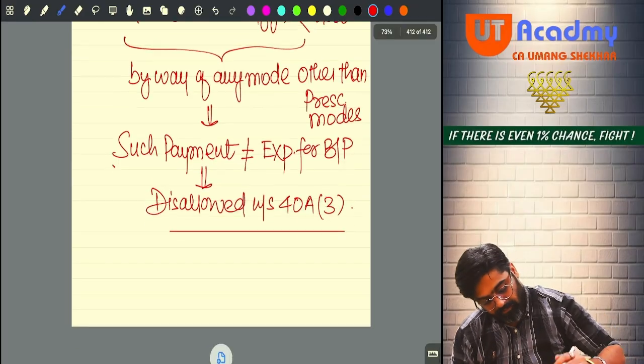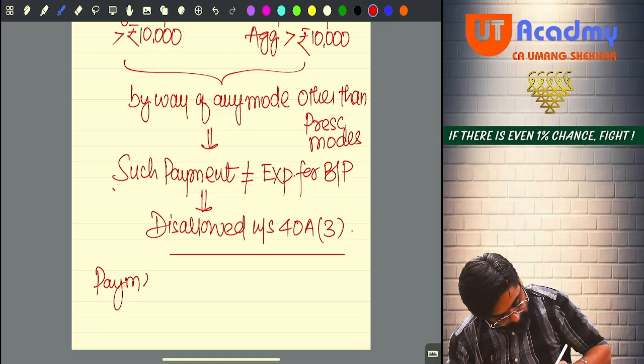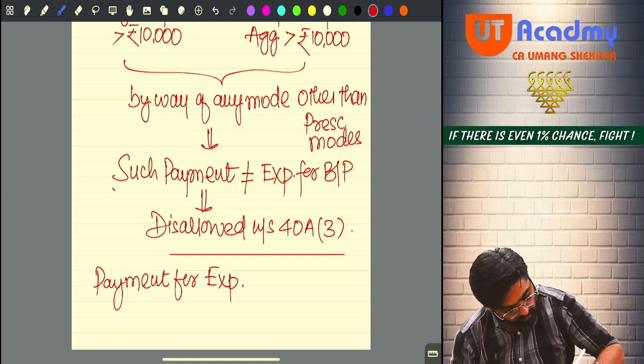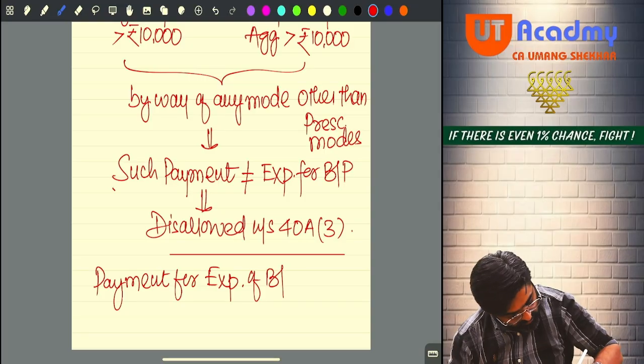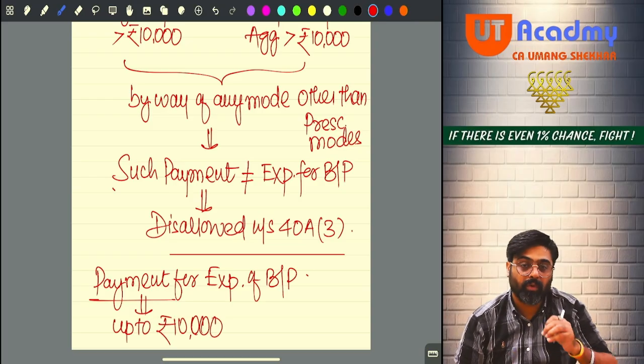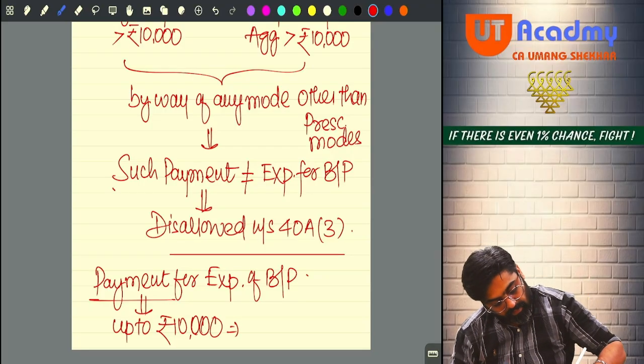So can I say, payment for expenses of business or profession, if that payment is up to rupees 10,000, what did I say? Up to rupees 10,000, then it is allowed by any mode.